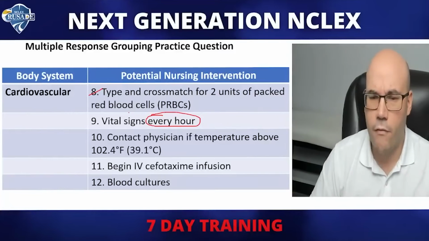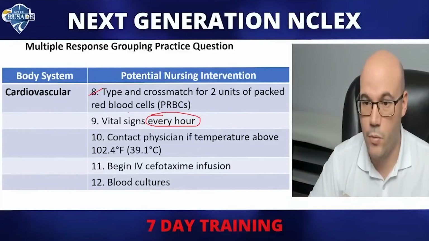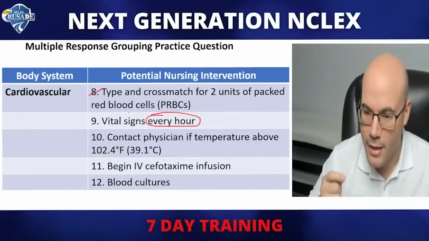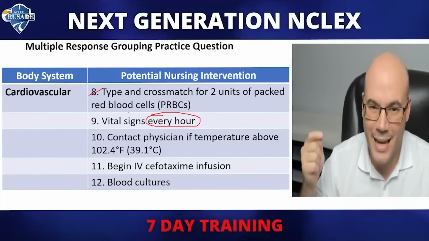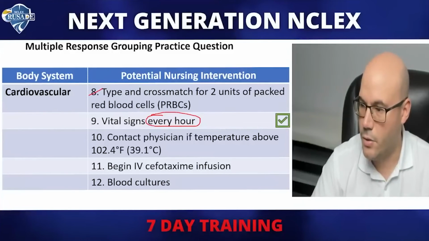What if I say vital signs once a day? You see, it wouldn't be the correct answer. So the time factor is important. So vital signs every hour is a correct answer.